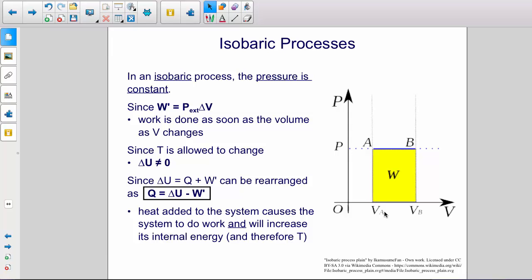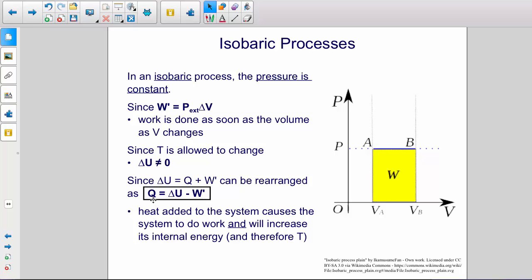Now, if we go back to the first law of thermodynamics, delta U equals Q plus W prime, we can rearrange it to look at the impact that heat has on the system. So we have Q is equal to the change in internal energy minus the work done on the system.